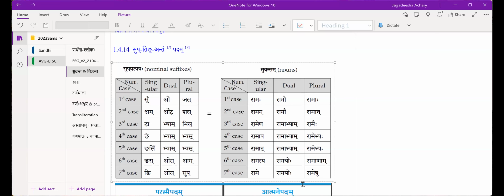Okay, let's say before Panini's time, the word Rama was there, because Ramayana has already been written. Let's just take the example of Ramayana. When you tell thousands of verses about Rama, most likely all the Vibhaktis will have come, at least in the singular.